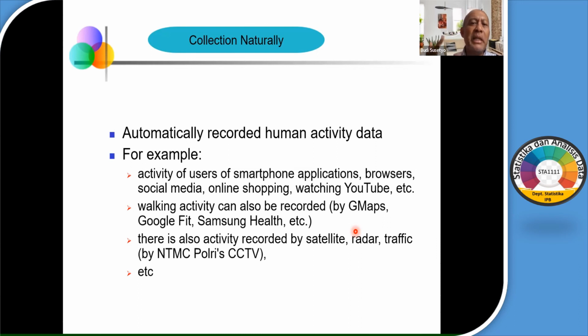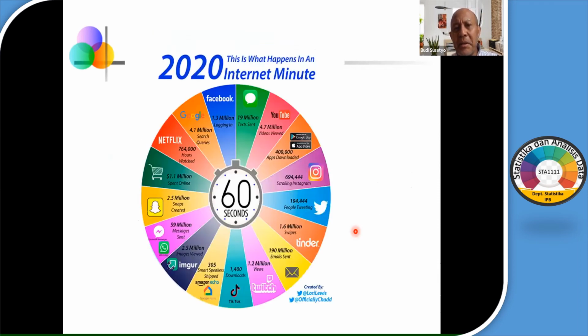Automatically, naturally, without any effort, the data is already collected. So this is an example of how we explain big data.